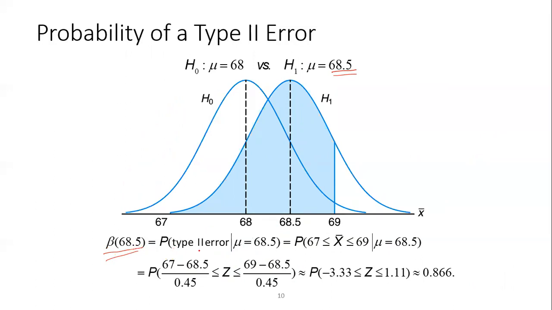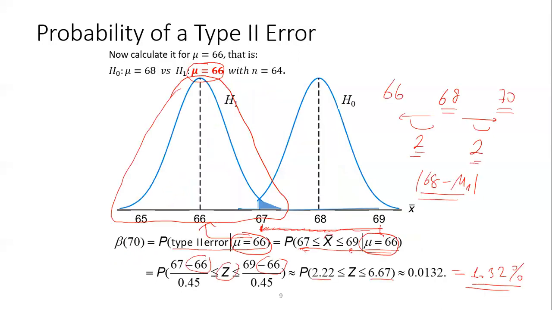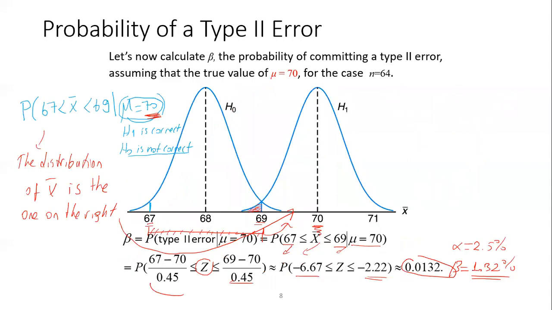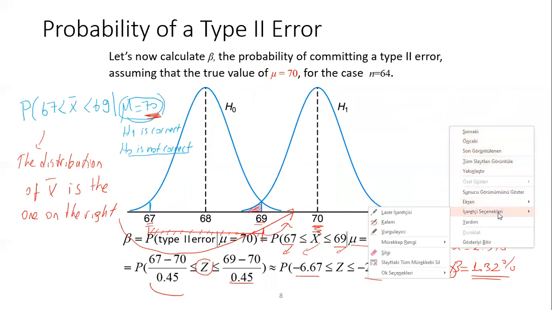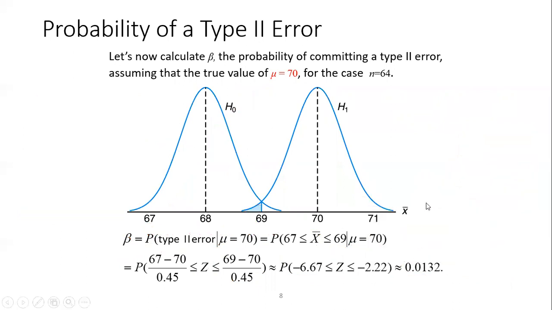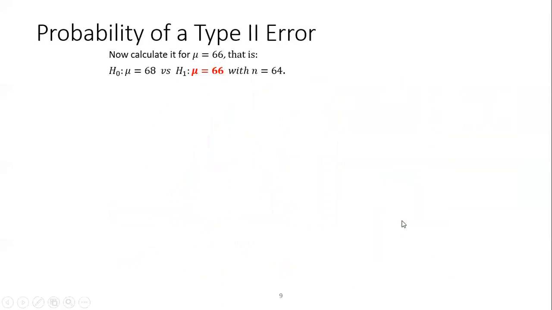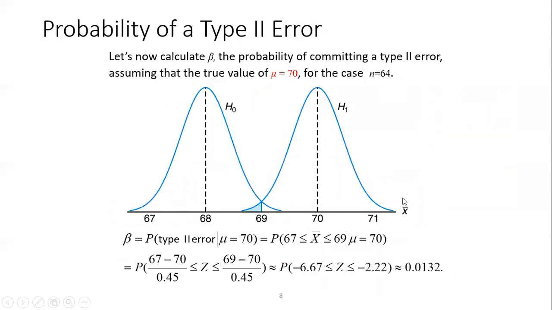So this is the probability of type 2 error given that mu is equal to 68.5. I'm just calculating the same thing with different mu's.